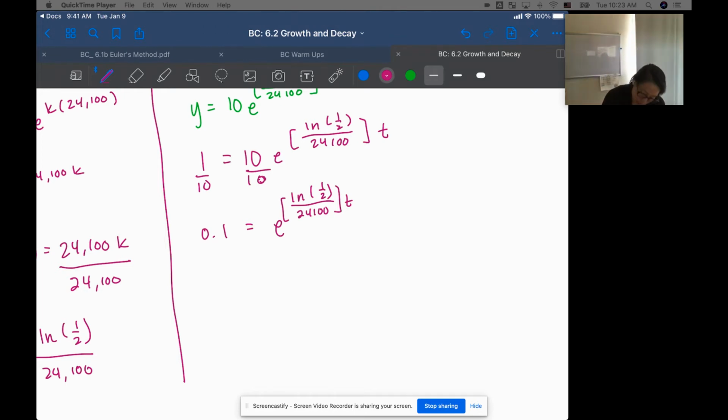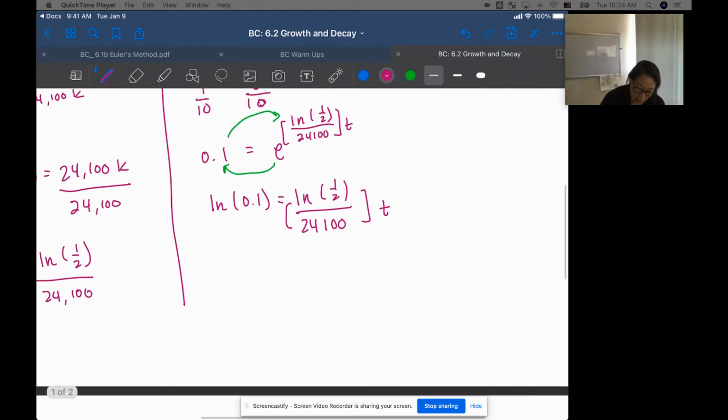Then I prefer to snail, so I'm going to do that. So I get the ln of 0.1 is equal to the ln of 1/2 over 24,100 all times t. Okay, then I'm going to multiply both sides by 24,100 times the ln of 0.1, and then divide both sides by the ln of 1/2.